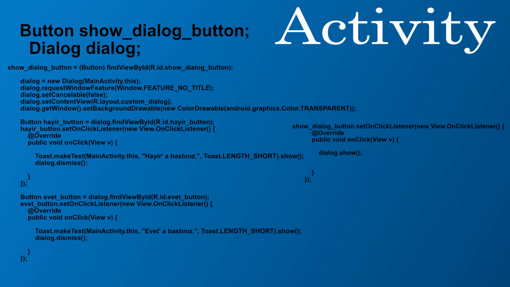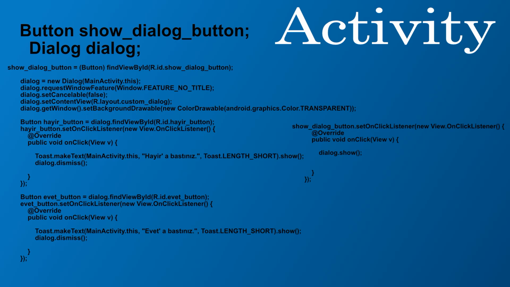I told you our layout has two buttons named higher button and evet button. Higher button, I have called it, but there is a difference from a standard activity page. You can see dialog dot findViewById, not only findViewById.